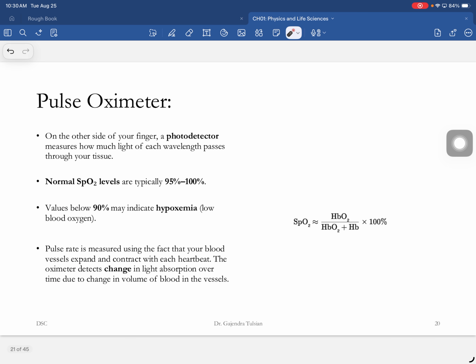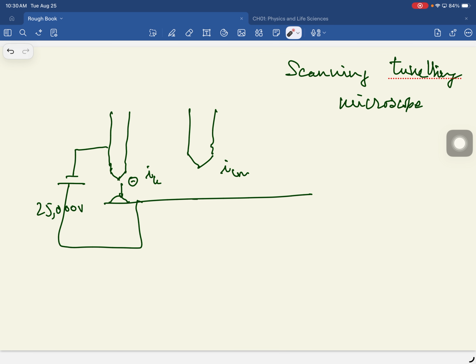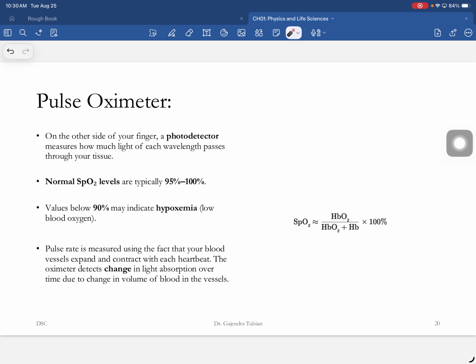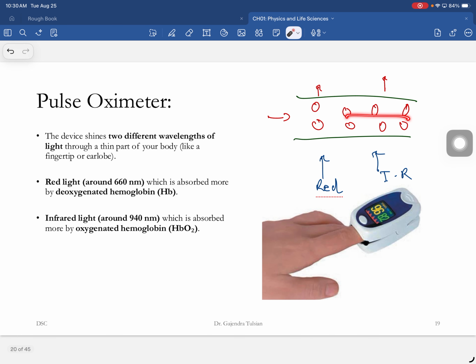How do you measure the pulse rate? Okay. So pulse rate is measured using the fact that your blood vessels expand every time your heart beats. There's more blood flowing through the blood vessel, and the absorption intensity decreases up and down with time.